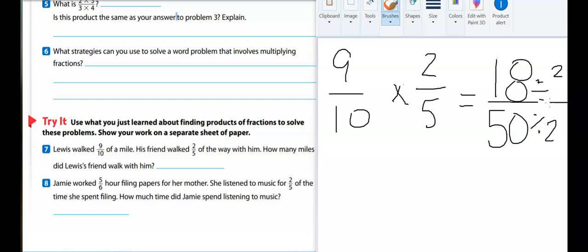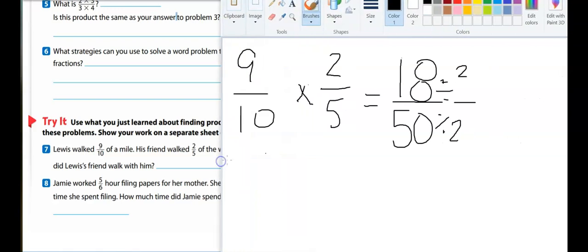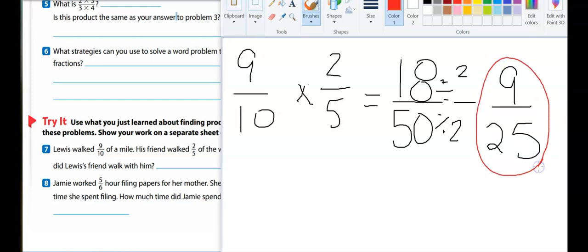So the like fraction that I would divide both my numerator and my denominator by will be 2. So I'll divide them by 2/2. 18 divided by 2 gives me 9. 50 divided by 2 gives me 25. So my final answer will be 9/25.